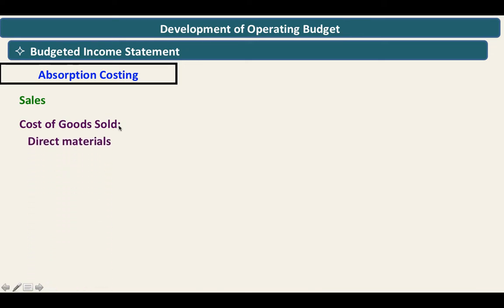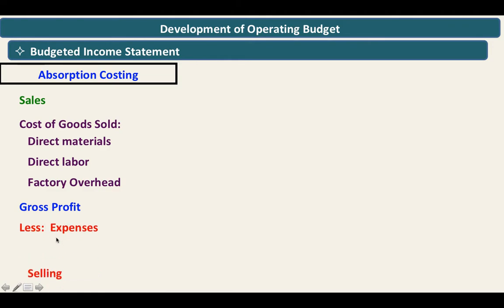The cost of goods sold will consist of direct materials, direct labor, and factory overhead. Sales less cost of goods sold will give you your gross profit, and then less expenses, which are selling and administrative expenses. We will use the functional expenses in our illustration. That will give you your net income.